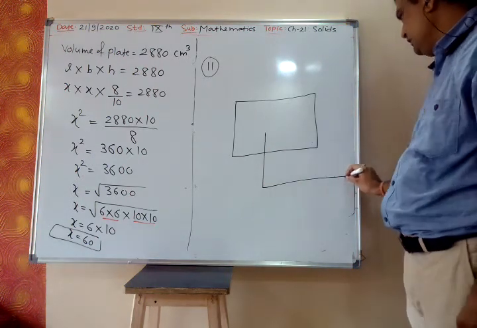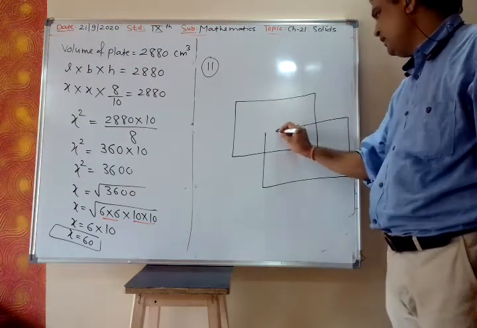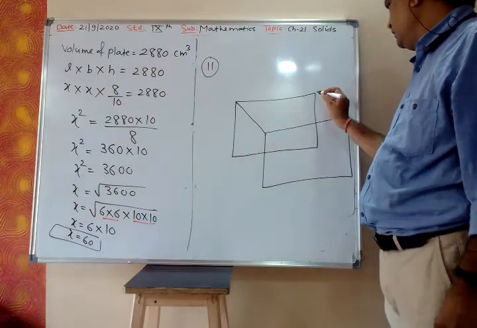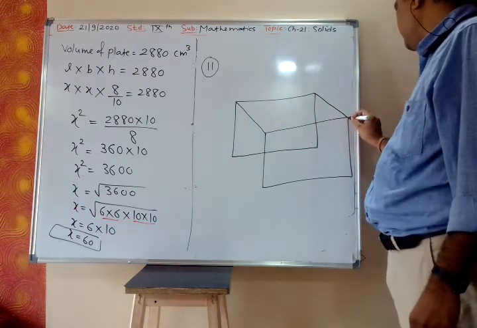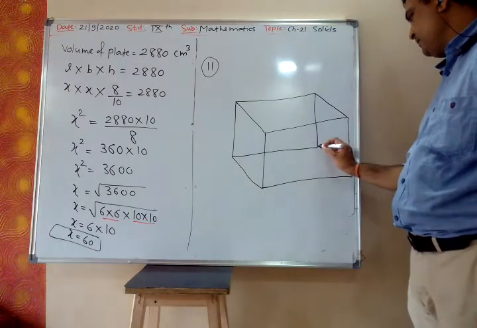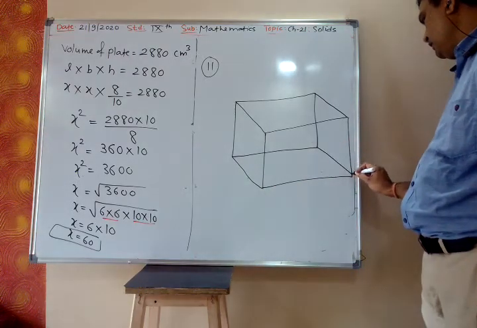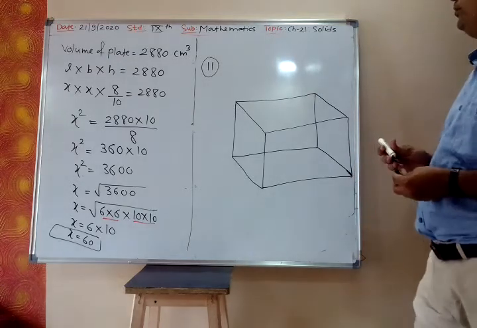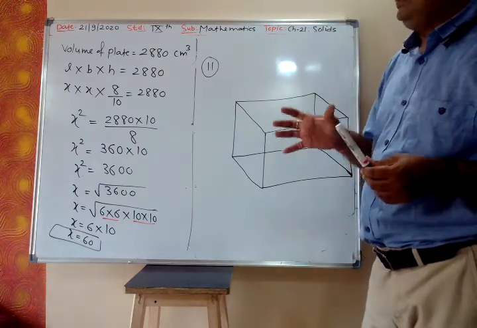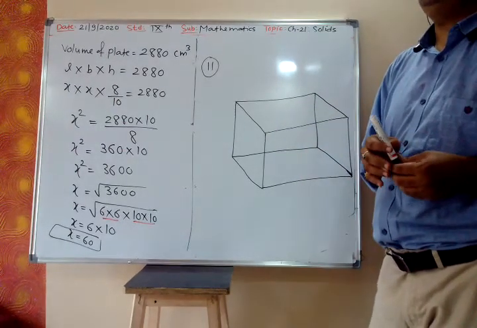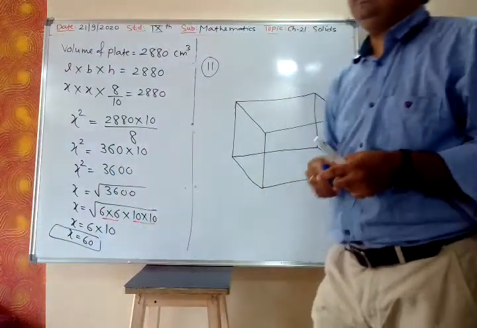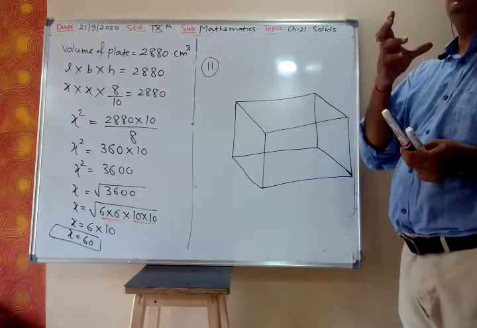Let me draw the cuboid shape box. Is it clear? Now see this cuboid. This cuboid is made up of wood.